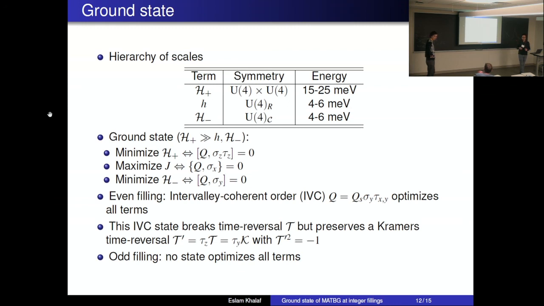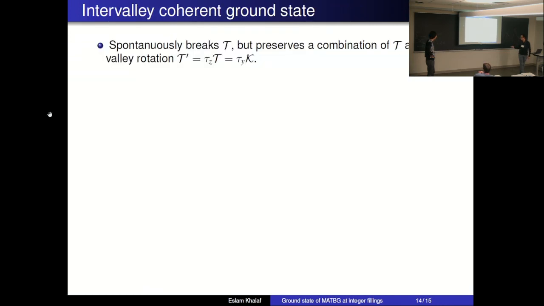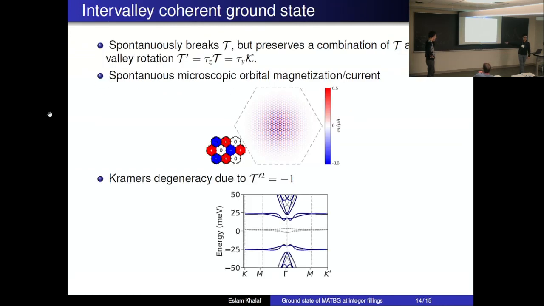So the gap you estimate is what? This gap is for charge neutrality. For half filling, the gap would be smaller, but it depends on some details because you have two types of gaps. What happens at half filling is that you flavor polarize. You have, let's say, four pairs of bands, and you push one of them above the Fermi surface, and then you open a gap in the other. The actual gap depends on where the other flavor lies.